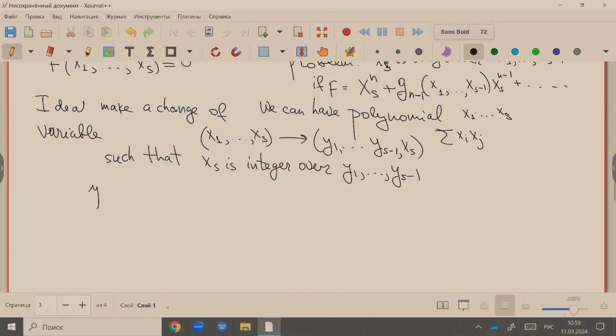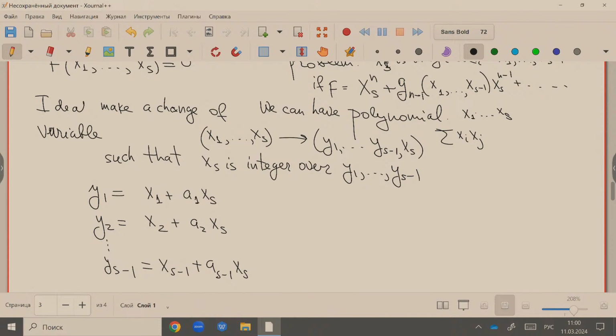So take y1 to be x1 plus e1 times xs, y2 to be x2 plus e2 times xs, etc., ys minus 1 to be xs minus 1 plus e_{s-1} xs.